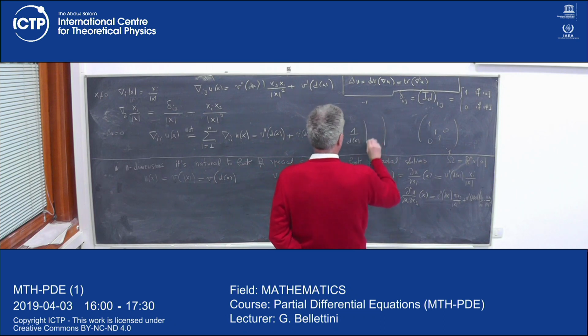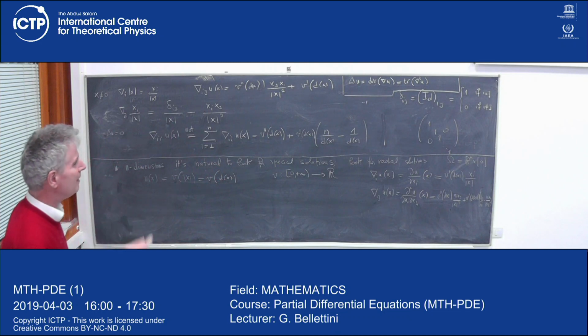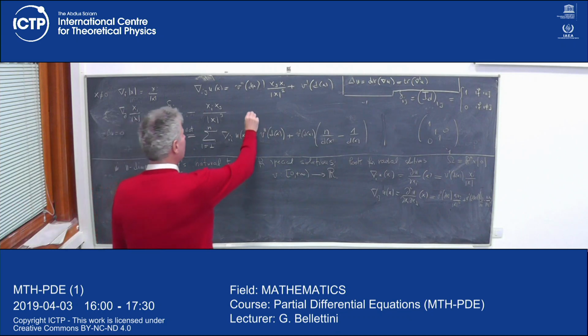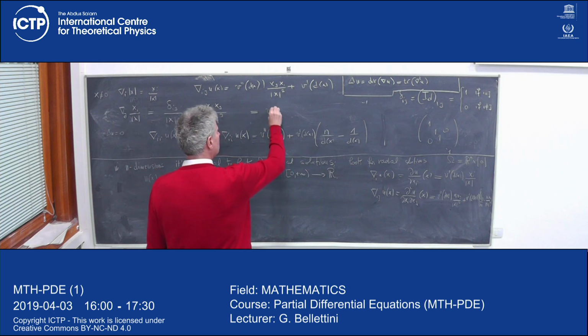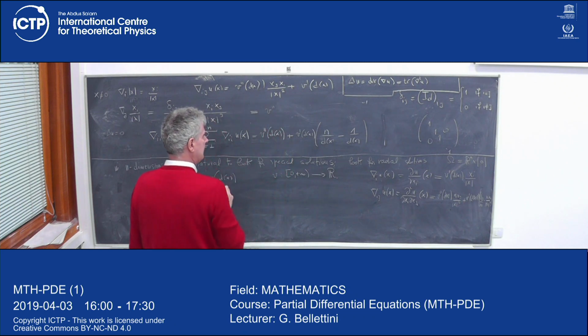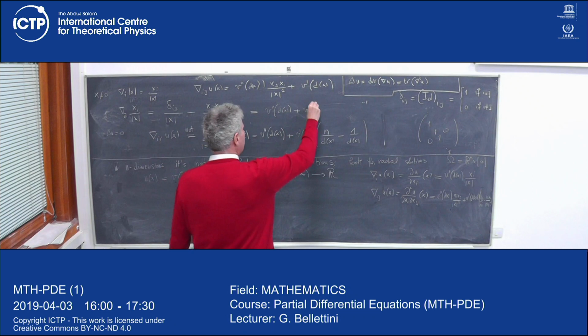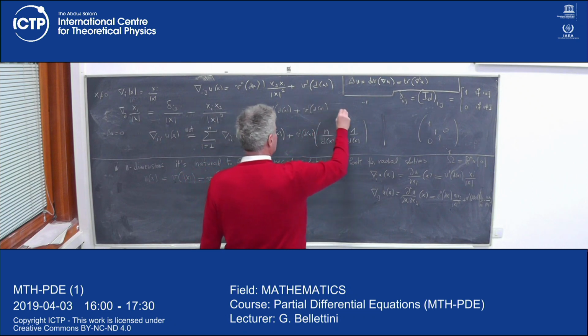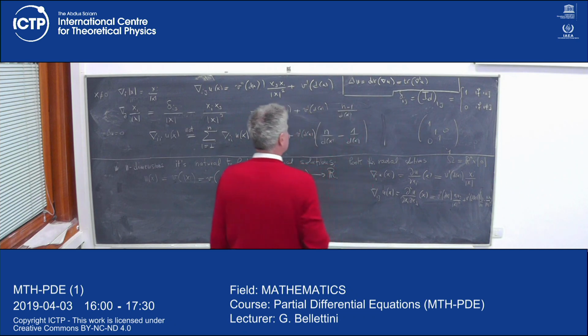So this is v second of |x| plus v prime of |x| times n minus 1 divided by |x|.